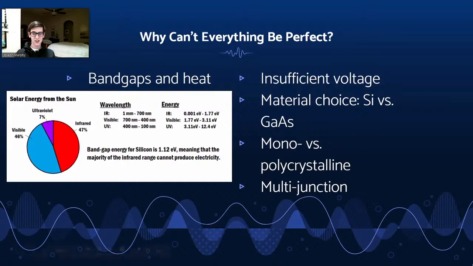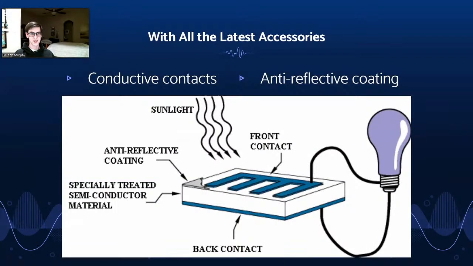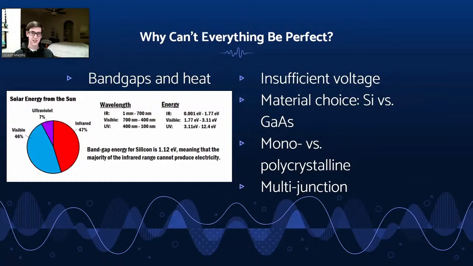In addition, not all charge carriers that are propelled by the voltage created in the depletion zone have enough of a kick behind them, enough force behind them to make it all the way to the conductive contacts on the front and the back of the panel. And so not all charge carriers end up traveling the circuit and actually moving charge around. So that's lost electricity there.